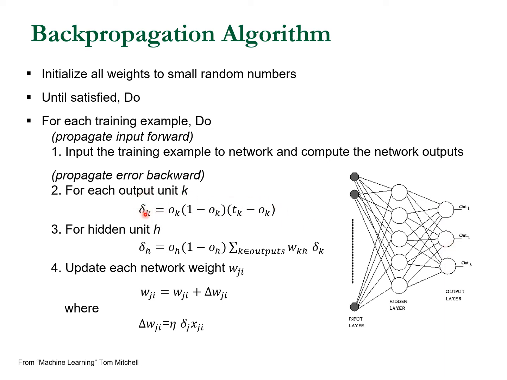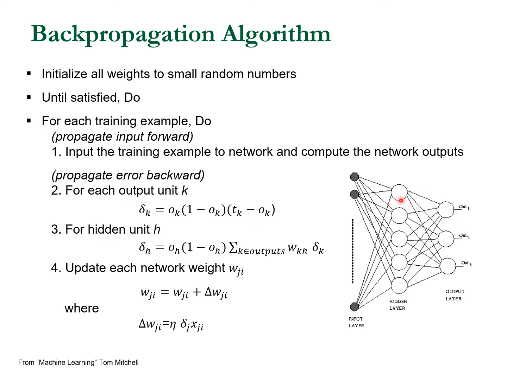Delta K is, where OK means the output of the K node, OK times 1 minus OK times (T minus OK), where T is the target value of this data, minus the output of the K node. Okay, so this is the definition of delta K for this output node K. So for every output node K, we compute its delta value, delta K.